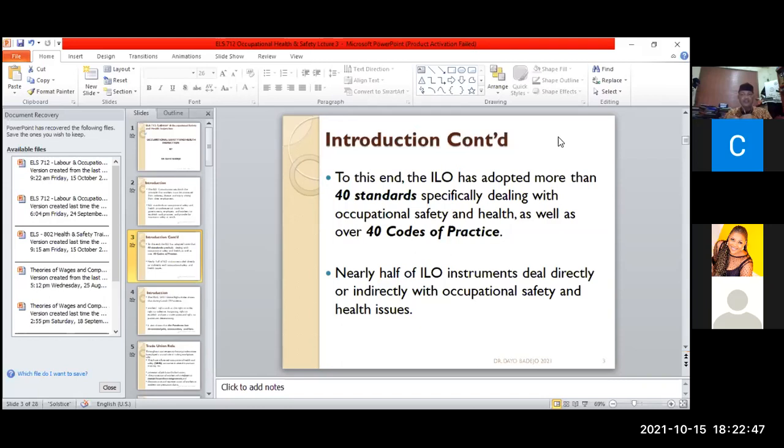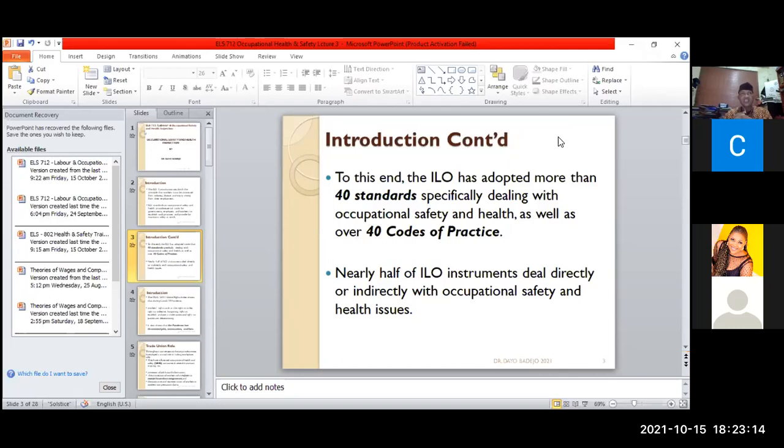In the face of the new normal, the pandemic has exposed so many things about our workplace situation, and some of those things are lacking. Nearly half of the instruments of the ILO deal directly or indirectly with occupational health and safety issues.